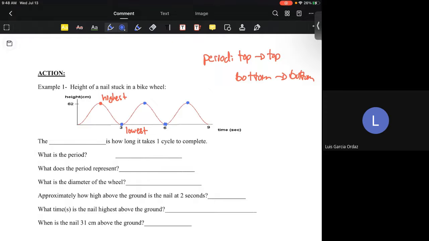So from bottom to bottom, 3 seconds pass by, which means that the period is 3 seconds. So this is what we call the period. The period is how long it takes to complete one cycle. So the period is 3 seconds. The period represents a single rotation of the bike wheel.